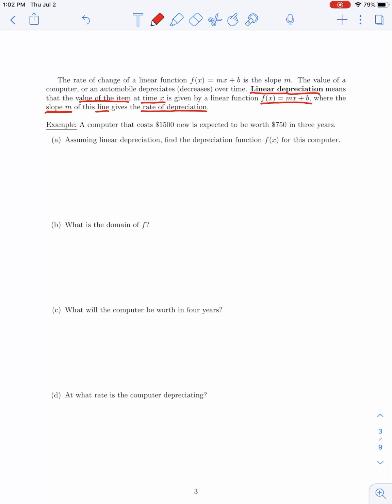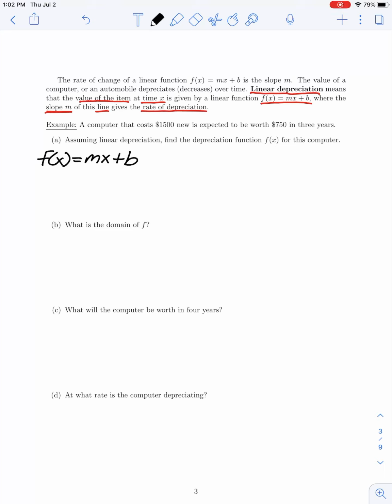So in this next example, we're told that a computer that costs $1,500 new is expected to be worth $750 in 3 years. So in part A, assuming that we're using linear depreciation, we want to find the depreciation function f of x for this computer. All right. So here, our general form of the depreciation function would be f of x is mx plus b.